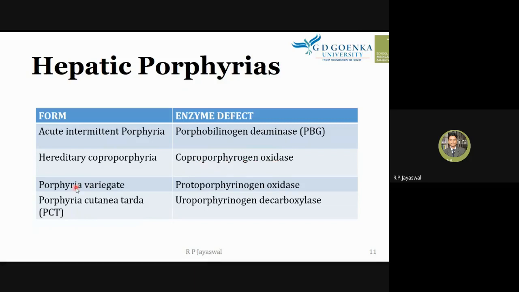And the third, variegate porphyria, which is due to protoporphyrinogen oxidase deficiency, and porphyria cutanea tarda, PCT. We also discussed this porphyria yesterday, and we know that it is because of a defect in the enzyme uroporphyrinogen decarboxylase.